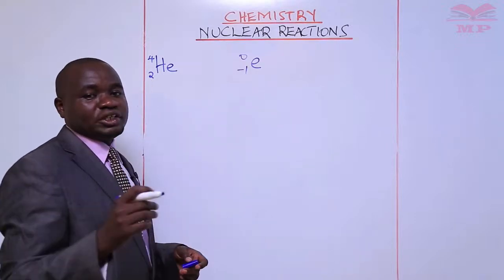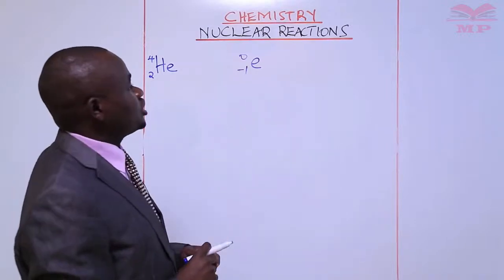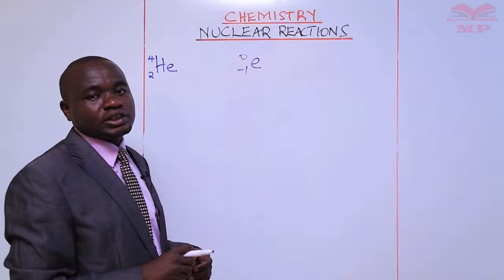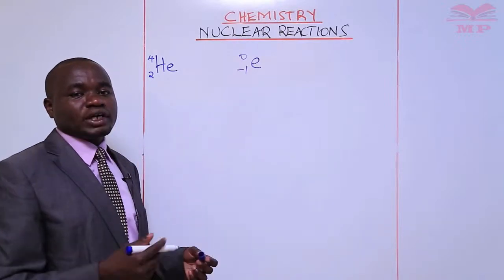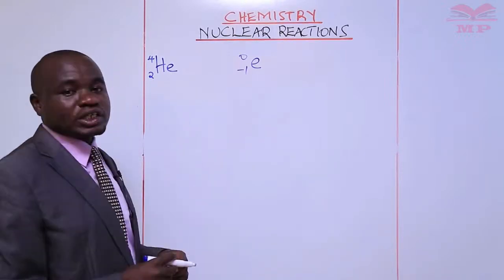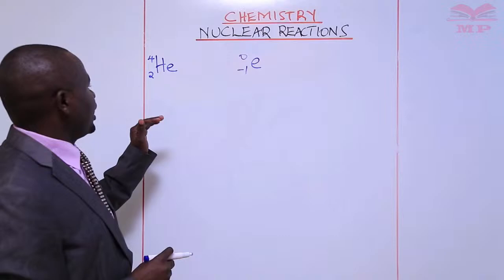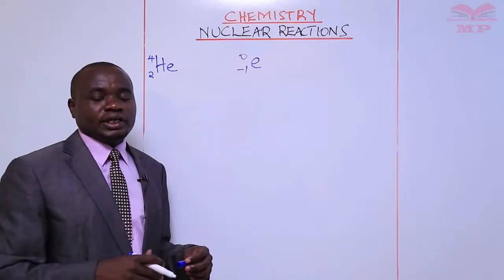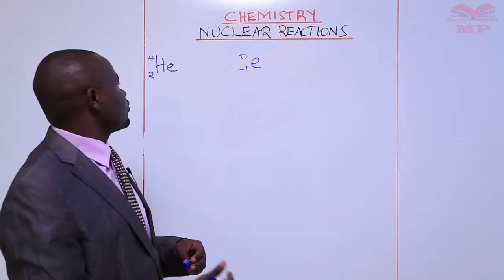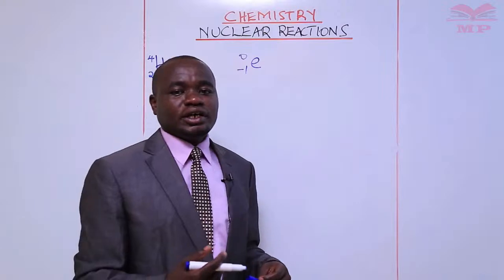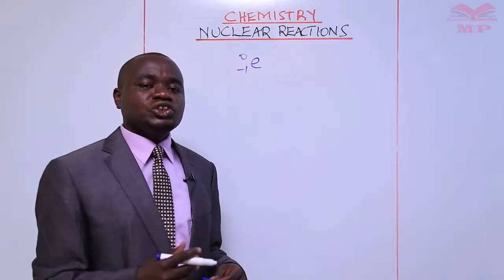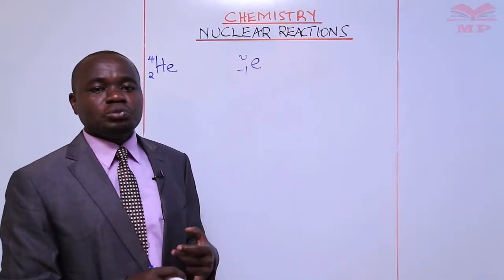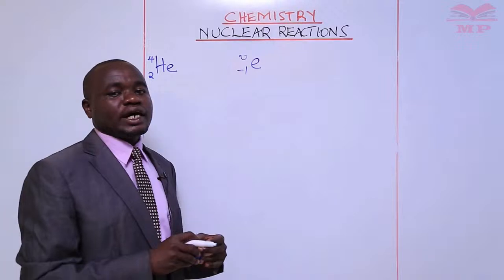So, my dear candidate, I want us to see how we write a nuclear equation. Before we look at examples, I want us to understand that anytime alpha particles are emitted, there is a change in both atomic number as well as mass number.